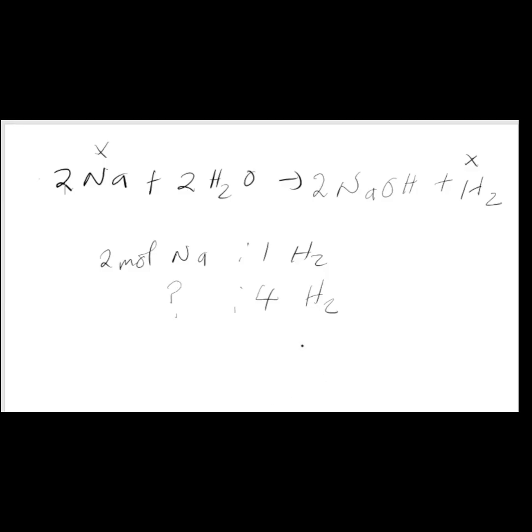So this is what you do. We're comparing this side against this side. We say 4 over 1 times the 2 moles, which is here, which is equal to 4 times 2, so it's 8 moles.